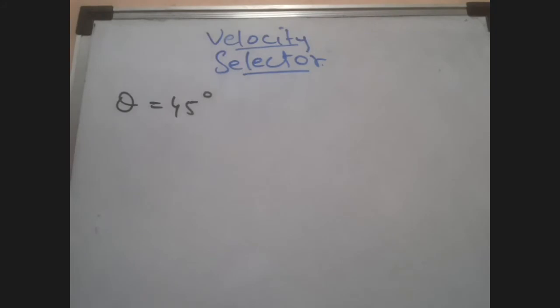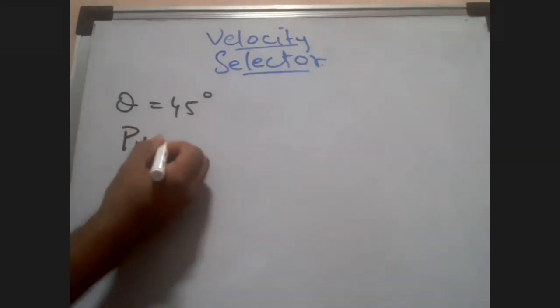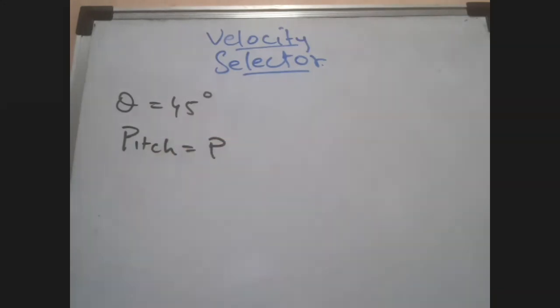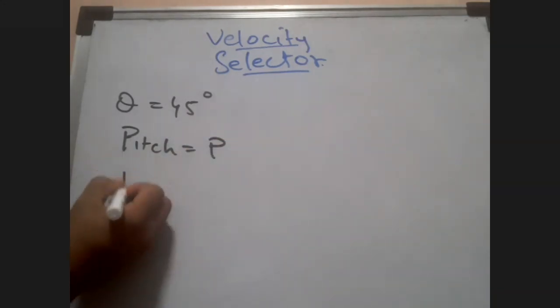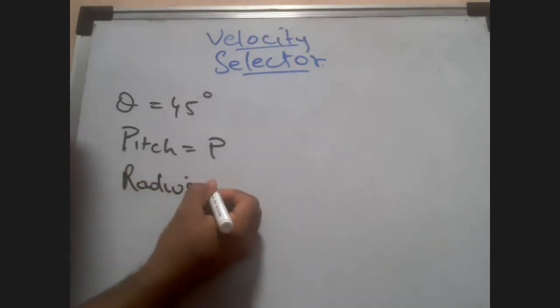In that case, students, the pitch of the helical path followed by the particle is P. Find the radius of the helix in terms of the pitch.